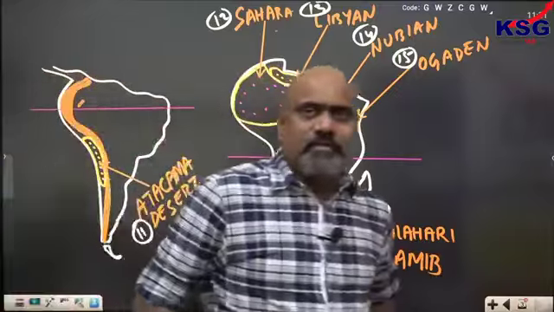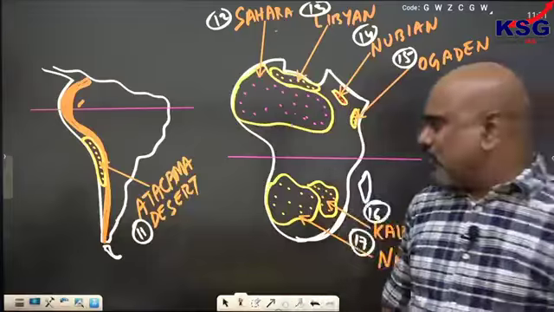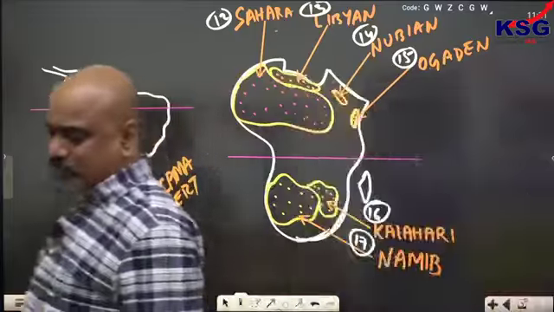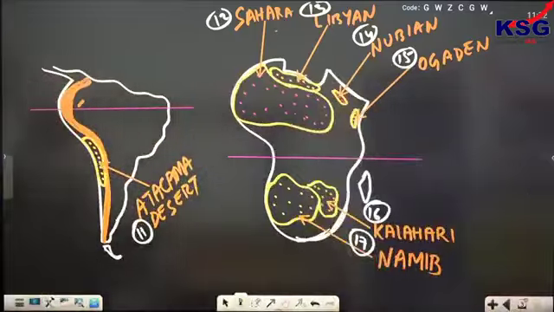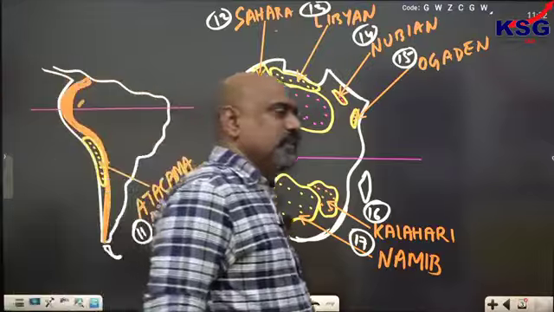Draw this. Even if you have the atlas or anything, please draw. Try to draw these diagrams, these maps. Please draw this. Atacama, here it is Sahara, Libyan, Nubian, Ogaden, Kalahari, Namib. These are the deserts here.